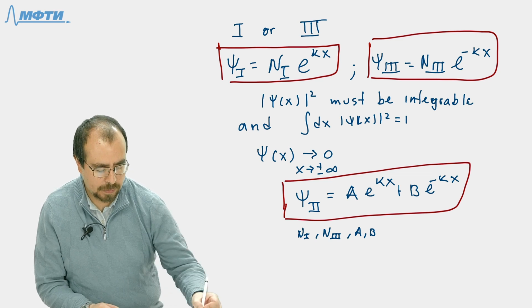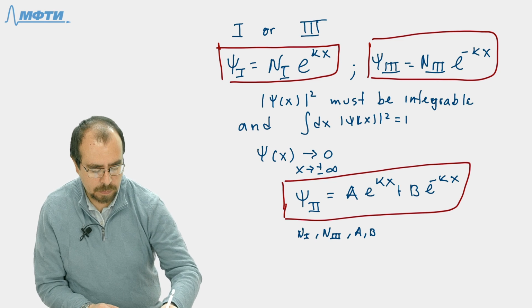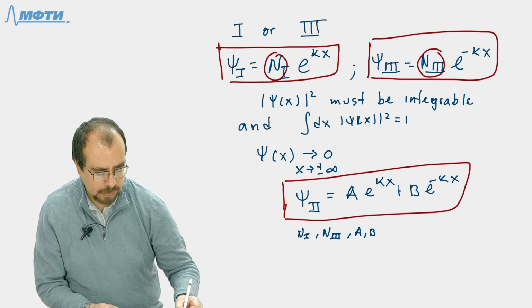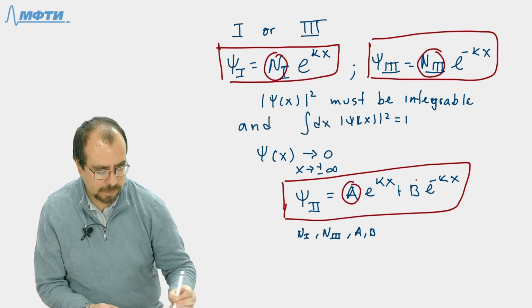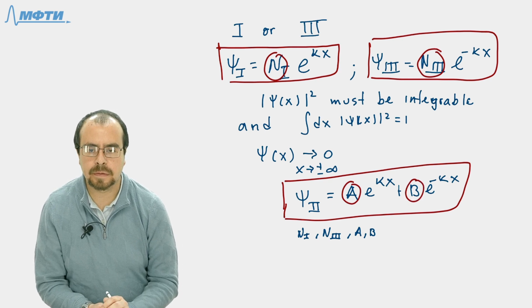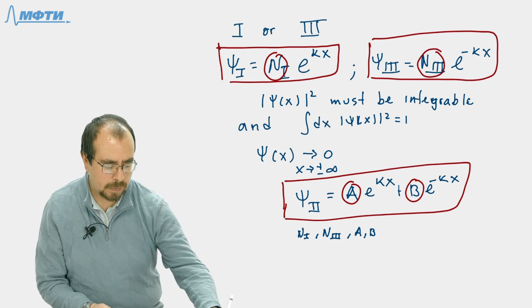This N1 and N3 and A and B must satisfy certain conditions in order to satisfy these symmetries.